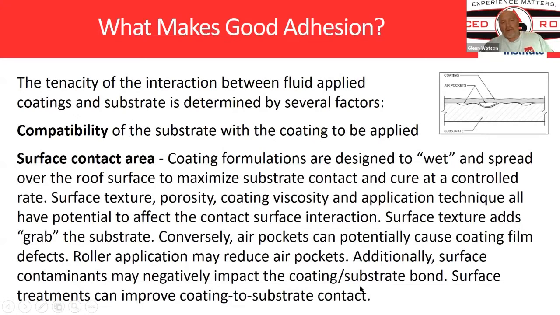Surface contact area. Coating formulations are designed to wet and spread over a roof surface to maximize the substrate contact. What it means by maximizing substrate contact is, if you're flying along with an air sprayer applying a product, and you look at it under a microscope, the product hits and sometimes it actually will bounce.